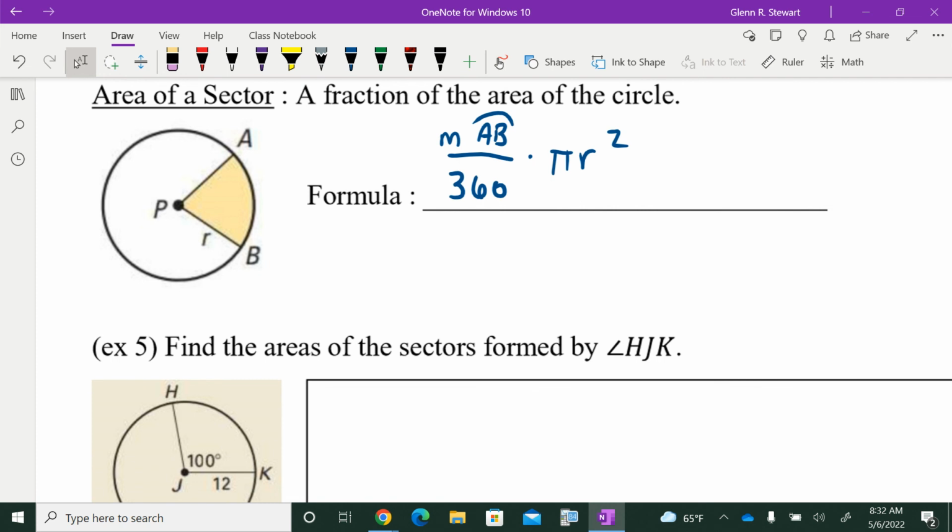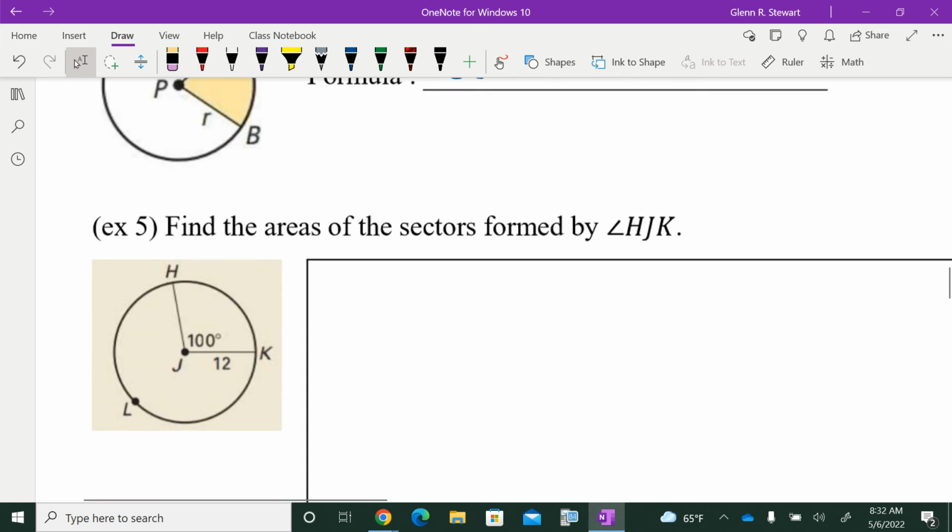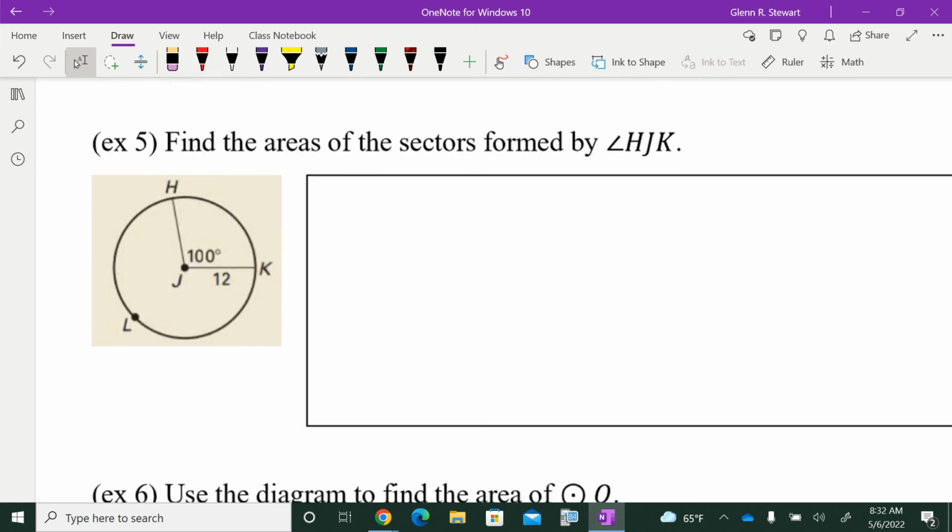Now, example number 5 kind of gives us the smaller sector first. You know what? Let's do example 5. Example 5 says find the area of the sector formed by angle HJK. So what our question is asking us first is what's the area of this piece?